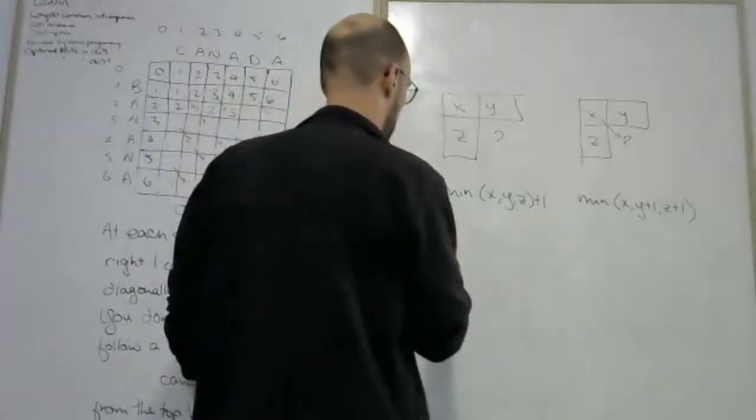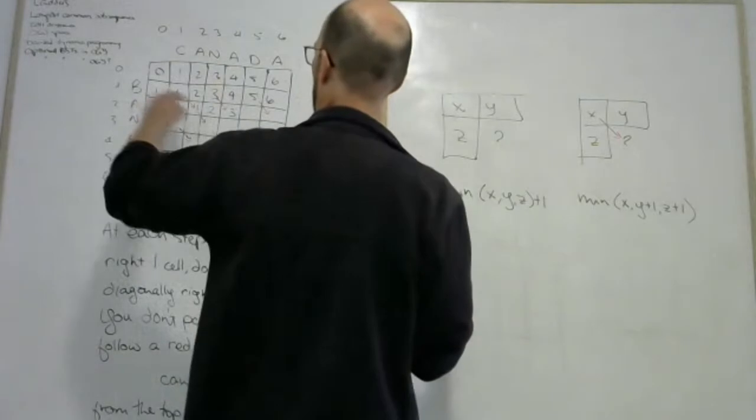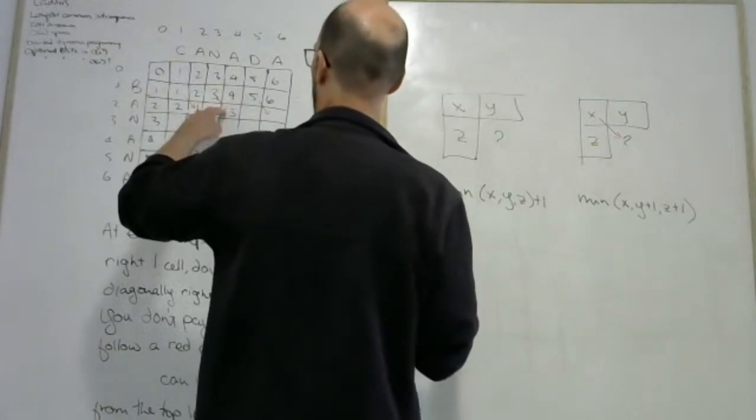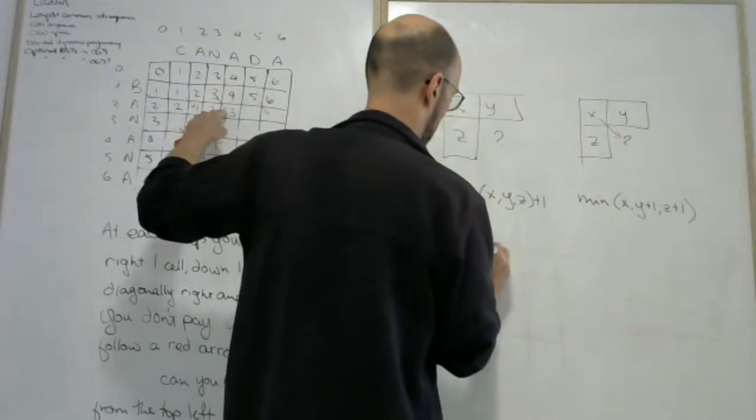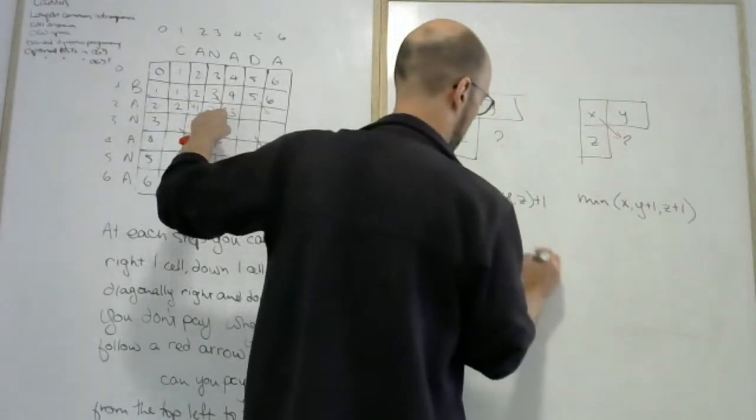So it's like I change, what is this? This is BA and CA, BA into CANA.